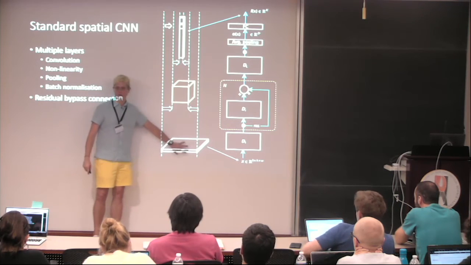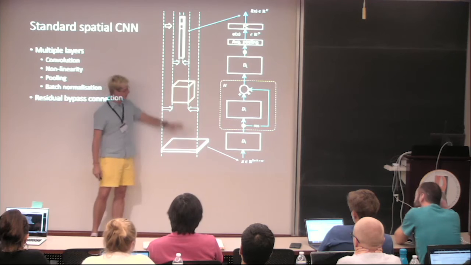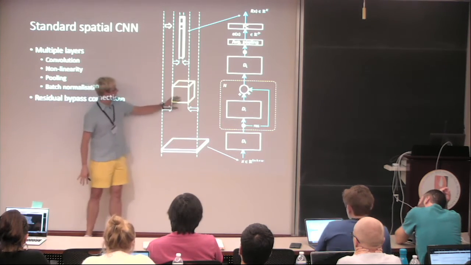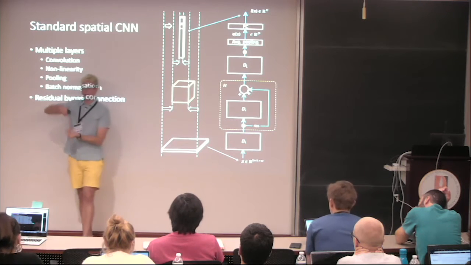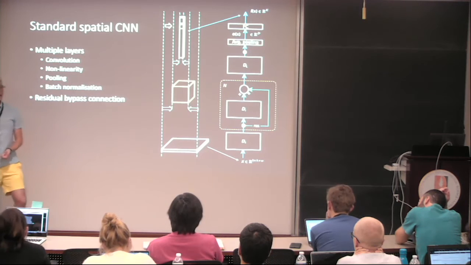The information contained in this part here is the same information that is here. But here, the information is expressed as spatial information. And here, as you go up, the information is actually encoded in the depth of this kind of representation.